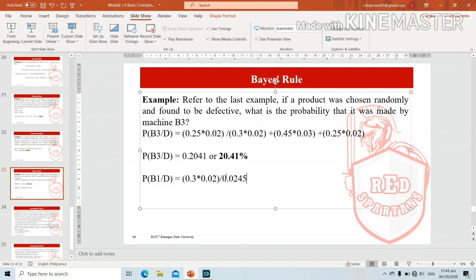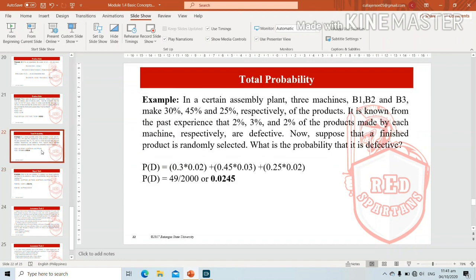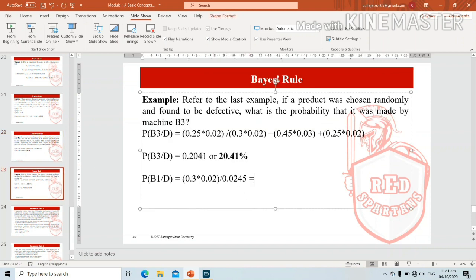Itong 0.0245, ito yung total probability natin. Check natin sa calculator, 0.3 times 0.02 divided by 0.0245, 24.49%. So, yan yung probability na manggagaling yung defective kay B sub 1.